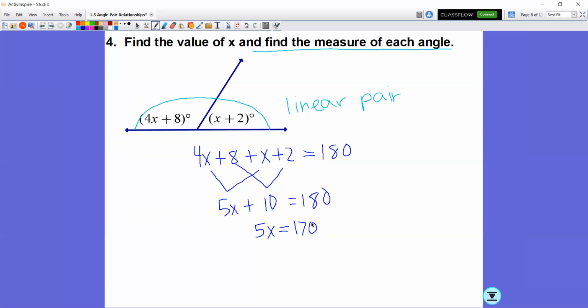Divide by 5, and I get x equals 34. All right, cool. Don't celebrate just yet. We have to plug it back into the expressions on both sides. 4 times 34 plus 8. Oh, I'm going to have to bust out my fancy calculator.